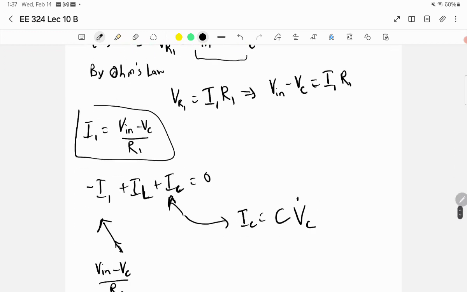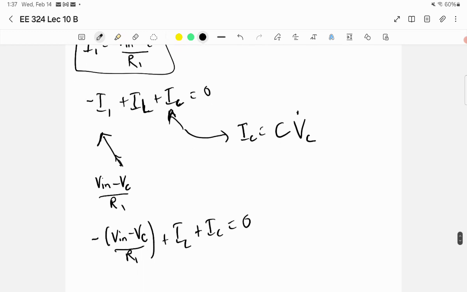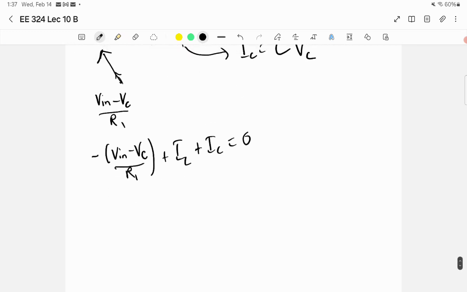We've defined this as the voltage going across C, the voltage drop. So I can also substitute that in here.